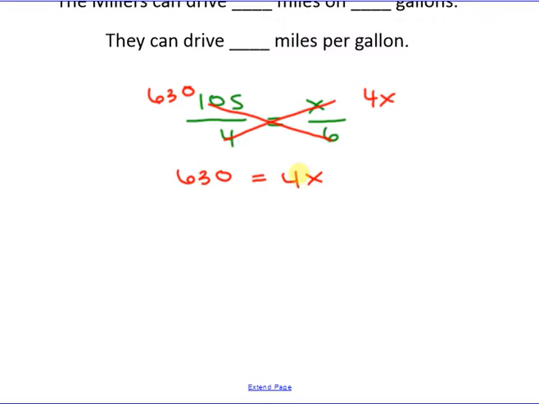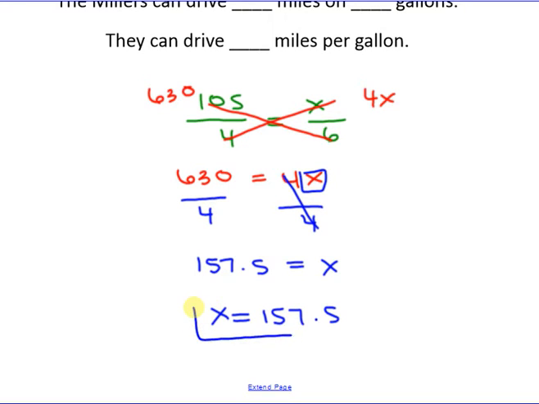I'm going to box my variable. Divide by 4 on both sides. So 630 divided by 4 is 157.5 equals, those cancel, x, but I'm going to flip it around.